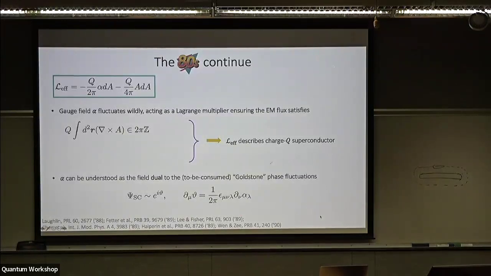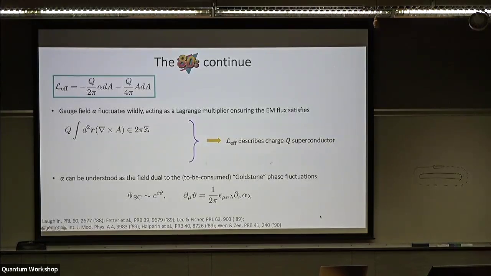What does that actually mean? So really, I have this gauge field alpha here that is only coupling to one thing. There's really nothing stopping it from fluctuating wildly. And we can understand it as acting as a Lagrange multiplier, telling us that we can't have any fluctuations of big A. So this is a superconductor. But we could be a little bit more precise because alpha is a gauge field.